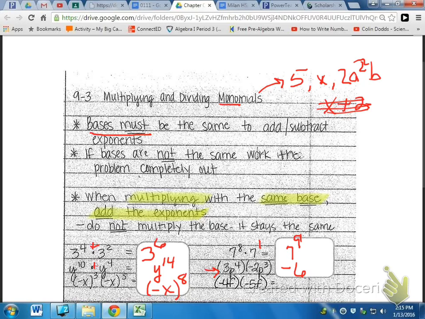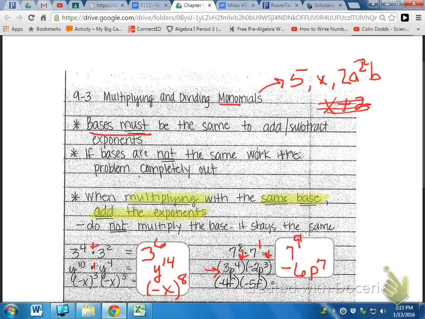Then you look at the p's. The p's are the same base. I have 4 in the first term and 3 in the second, so you would say negative 6p to the 7th. And since we multiplied that out, I don't have to put that in parentheses. The negative 6 does not have to be in parentheses after you've multiplied it out.